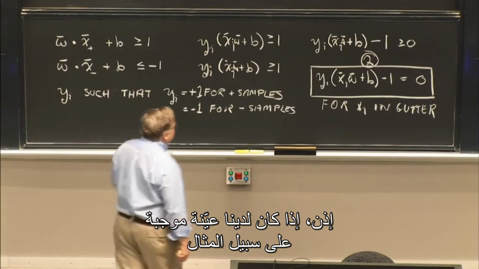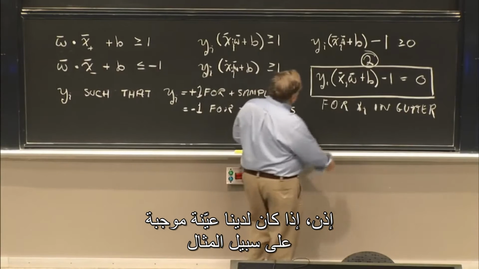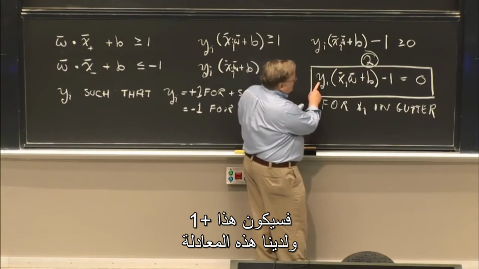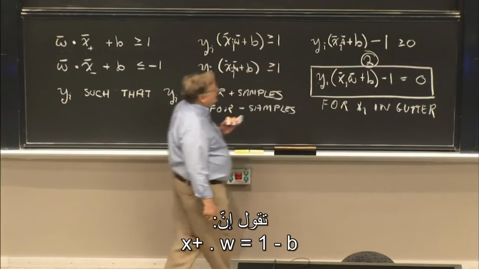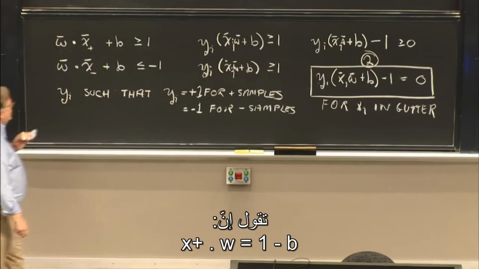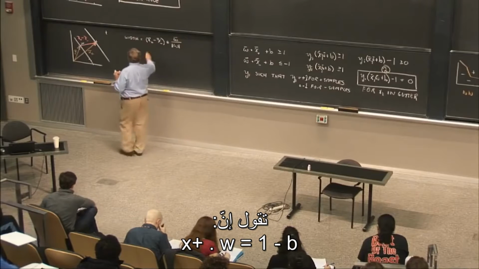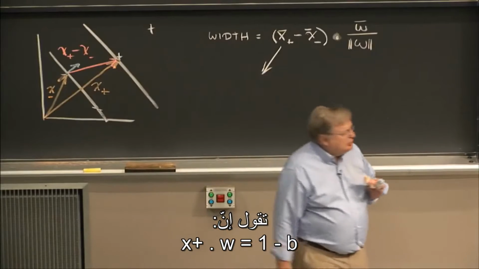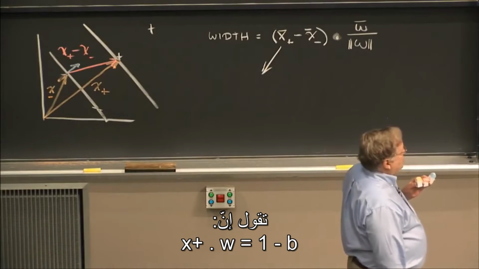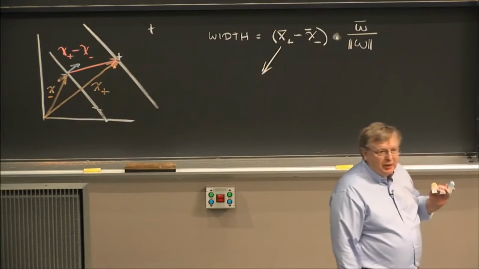So if we have a positive sample, for example, then y is plus 1, and we have this equation. It says that x plus times w is equal to 1 minus b.